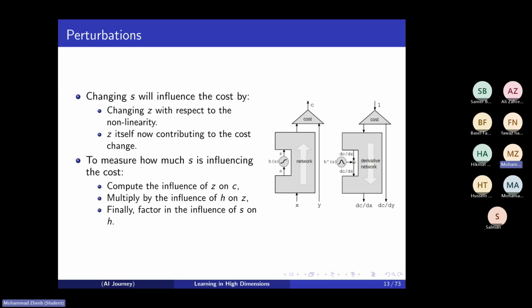I need to calculate the effect of S on this cost. So I need to calculate things around it, like the effect of Z on C, since Z is produced by S. I also need to calculate the effect of using this nonlinearity on C. I multiply, or scale, those together, and this is the total effect of S on C. So to get the gradient we have two ways, numerical or analytical.